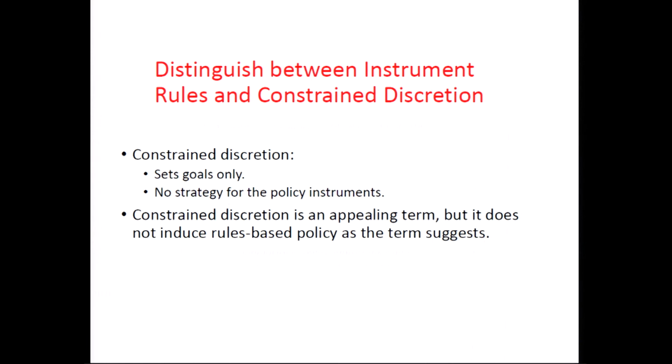Constrained discretion usually means that it's only necessary for the central bank to set its target or its goal, say inflation's 2%, and then they'll take care of it. "Don't worry, don't bother us. We're going to take care of it. We'll get that 2%." And that's called constrained discretion because you're constrained by the goals. There's no real obligation in that framework to set the strategy or describe the strategy of the policy instruments.